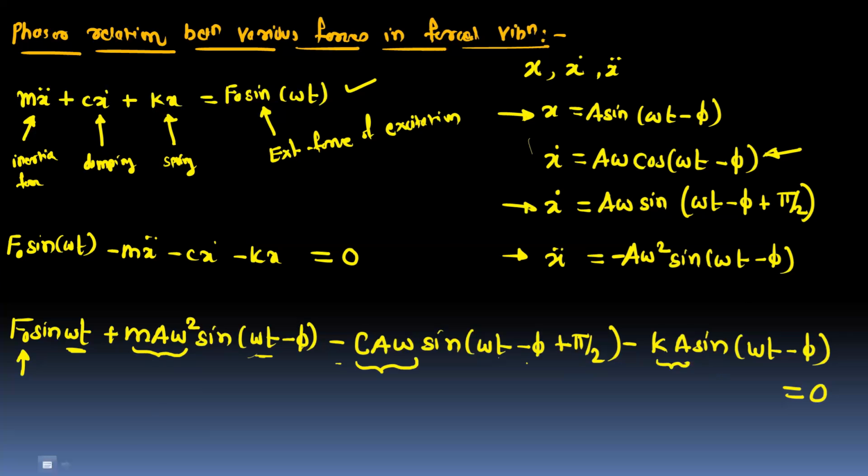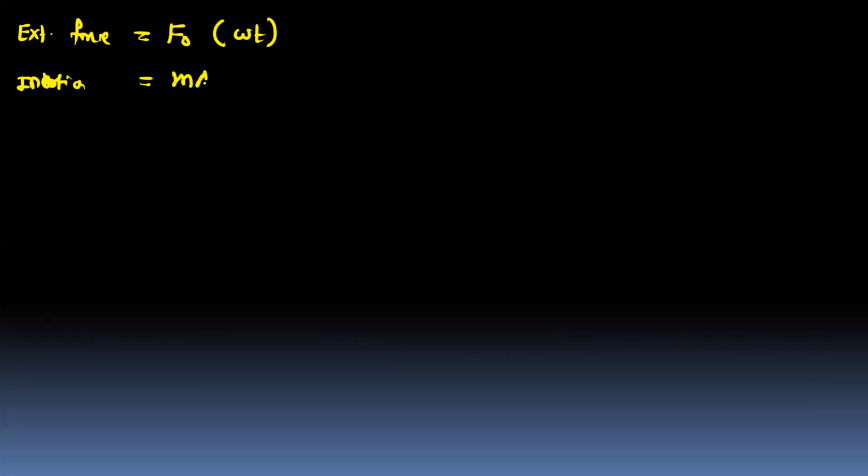So I will write all these forces one by one. So these are all maximum forces. So first we have the external force, which is F0. In bracket, I will write its angle omega t. Okay. Then inertia, which is m a omega square. It is acting at angle omega t minus phi.